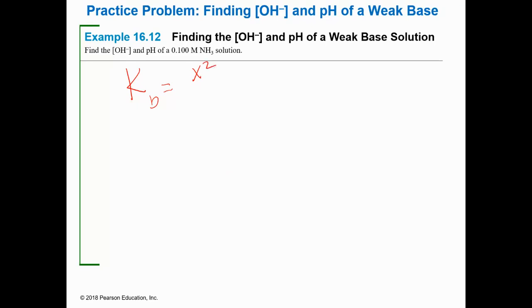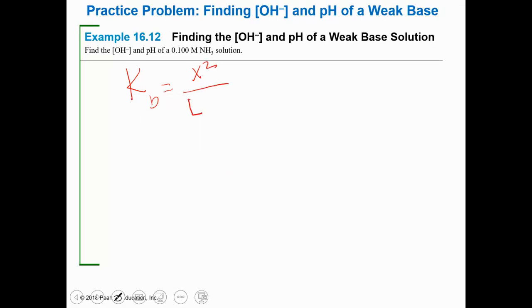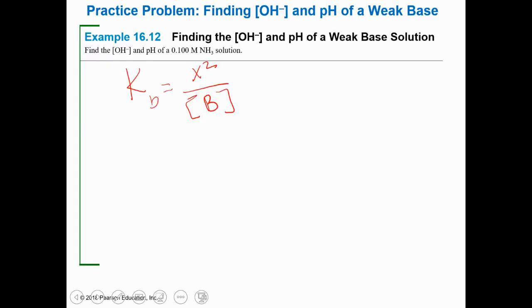This expression is going to be the same. It's always going to be x squared over the initial base. Sometimes it's written as base. Let's just leave it like that. Because remember when we do our NH3 plus water, it's going to break into NH4 plus and hydroxide.